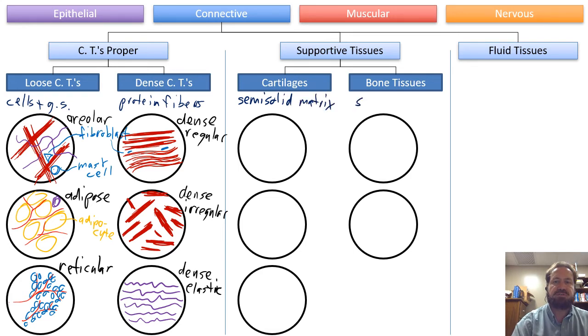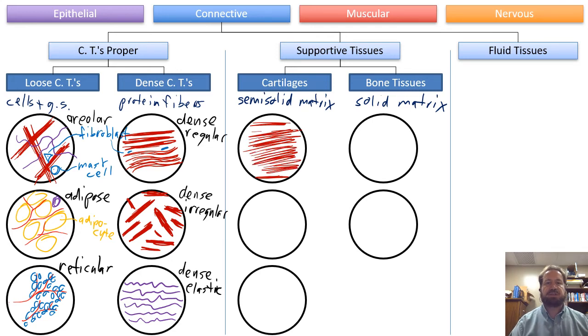Bone tissues have a very solid matrix made out of calcium phosphate or apatite crystals. Okay, what do we see when we look at a cartilage? We see maybe a little bit of membrane on either side. That's the perichondrium.